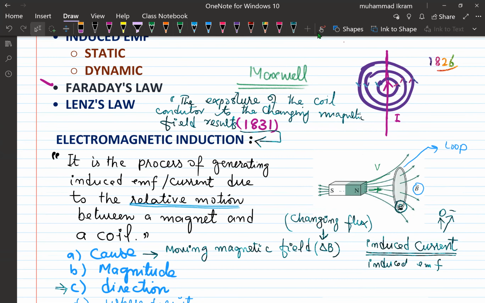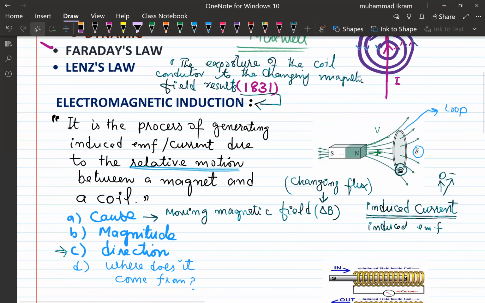Now, in the same way, if you match it to the magnetic effect of the current, whenever the charge moves, there is a magnetic field associated with it. In the same way, whenever a conductor moves, there is an induced EMF associated with it.